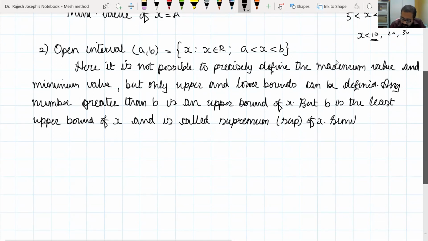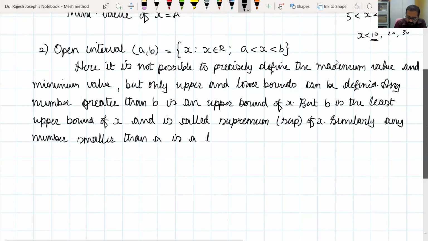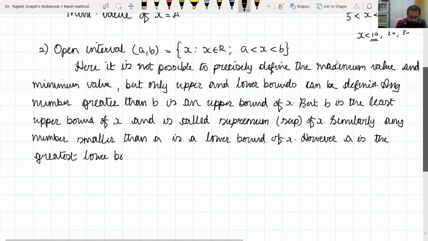Similarly, any number smaller than A is a lower bound of X. However, A is the greatest lower bound, and is called infimum of X. So the greatest lower bound is called infimum, and the least upper bound is called supremum.